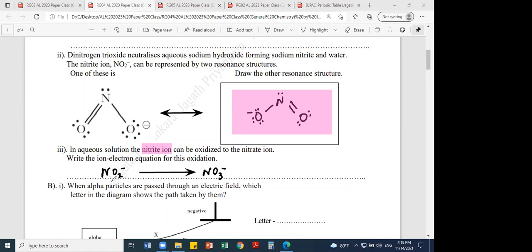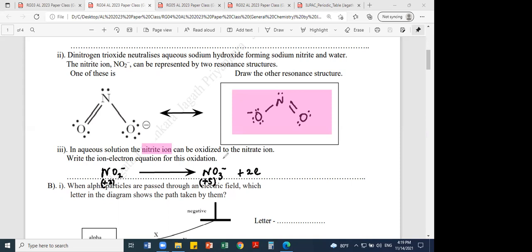Nitrite ion has plus 3 and nitrate plus 5. So the oxidation number has increased from plus 3 to plus 5. That means 2 electrons are given out, and on this side you can put 2 electrons.